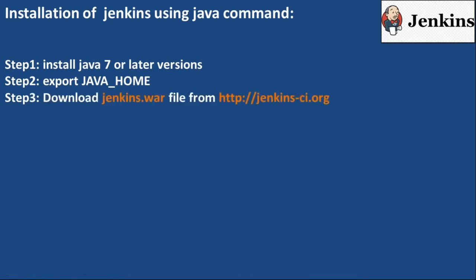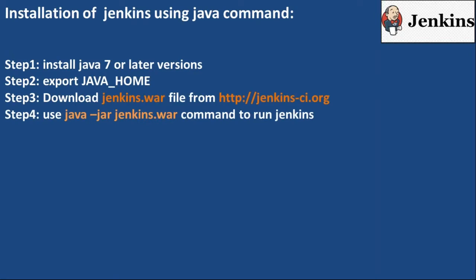The next step is to download the jenkins.war file from the official website. Once you have the jenkins.war file, use the command java -jar jenkins.war. If you exported Java home, you can directly use java -jar jenkins.war.